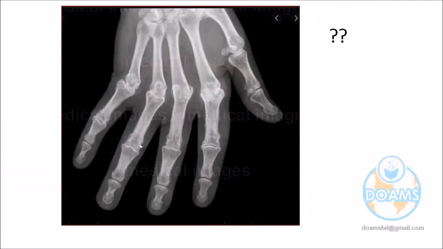This one, Dr. Abdullah, in the hand, what is your observation? Rheumatoid arthritis. You're telling the diagnosis is rheumatoid arthritis because of deviation and joint involvement. Involving distal or not involving distal?